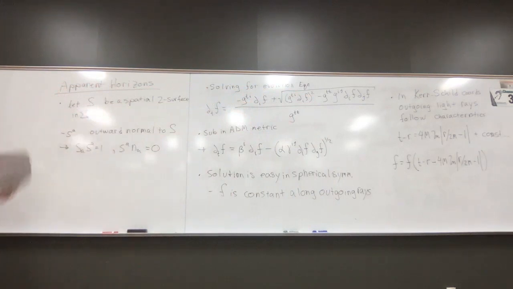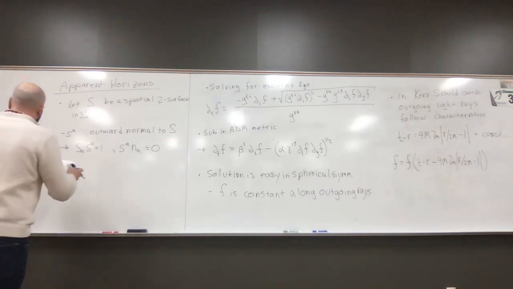Okay, so now I've got this 2 surface. Just like when I embedded a 3 surface into sigma, the 4 metric induced a 3 metric, which we call a spatial metric. If I embed a 2 surface into the 3-dimensional space, the 3 metric induces a 2 metric on that surface. This is differential geometry.